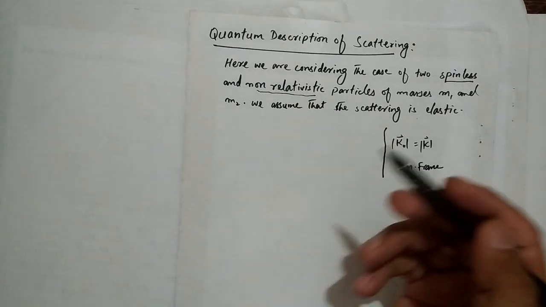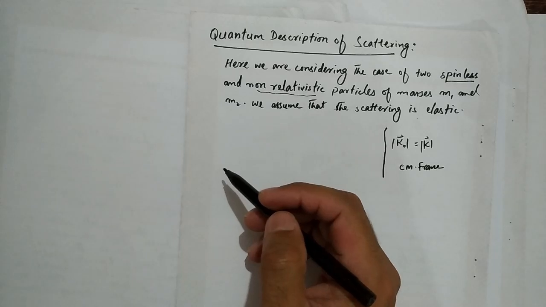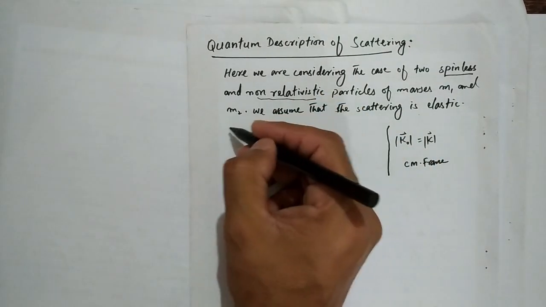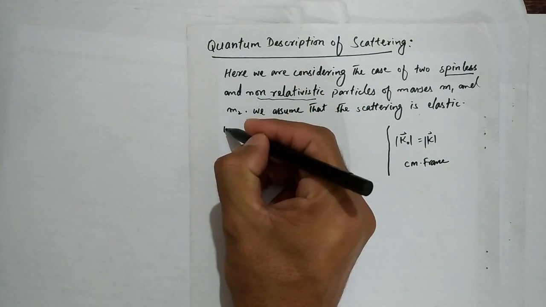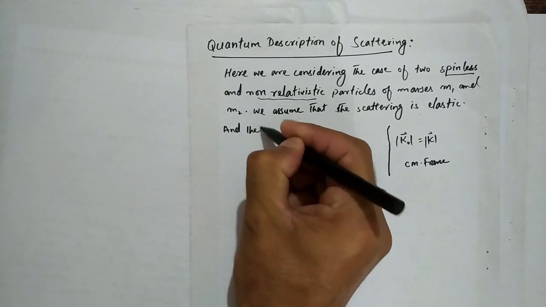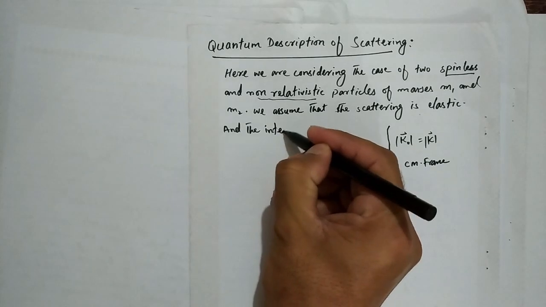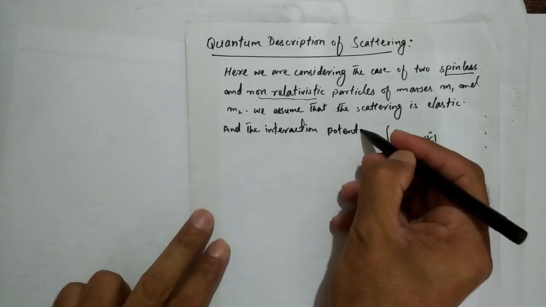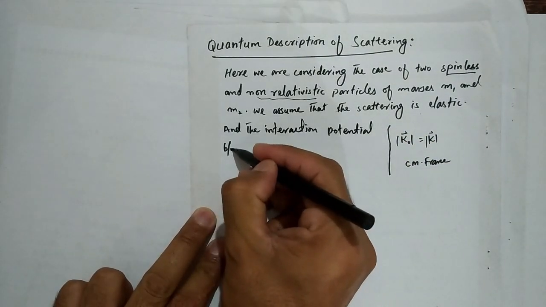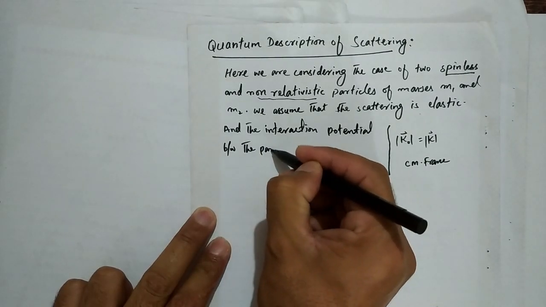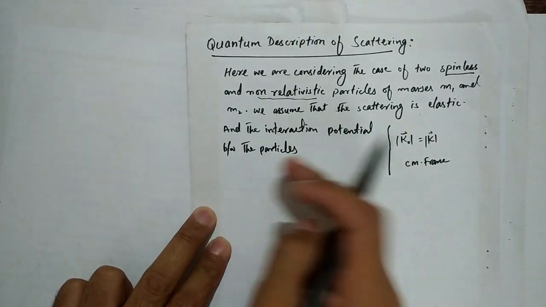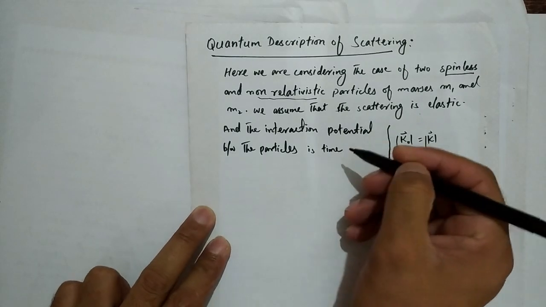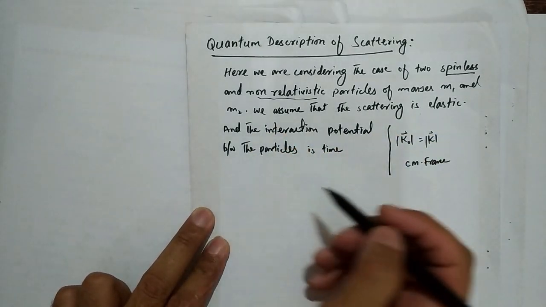And also we assume that the interaction potential between the particles is time independent. I will write it here: the interaction potential between the particles, that is the incident particle and the target particle, is time independent.